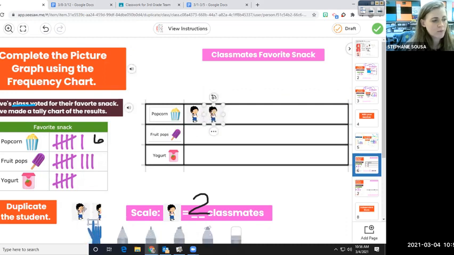There's 4 for popcorn. There's 6 for popcorn. 2, 4, 6, 8. No, just 2, 4, 6. Okay. So our popcorn has 2, 4, 6 votes on it.